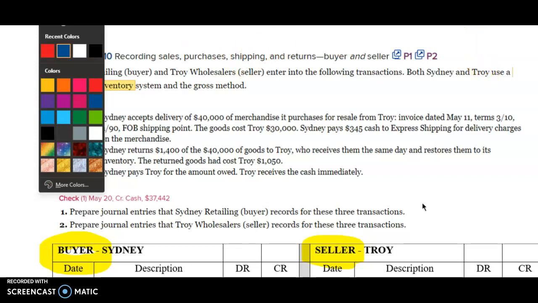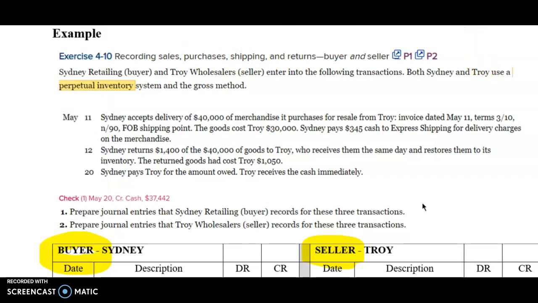In this buyer and seller that we're looking at, it'll be Sydney and it'll be Troy. So anyway, enough said. I want you to read the problem and then pause the video, read the problem, and come back. Okay. So you've read the problem, and let's work Sydney first.